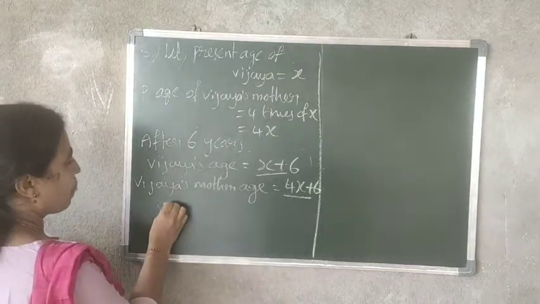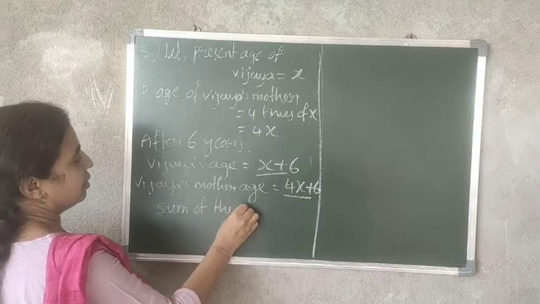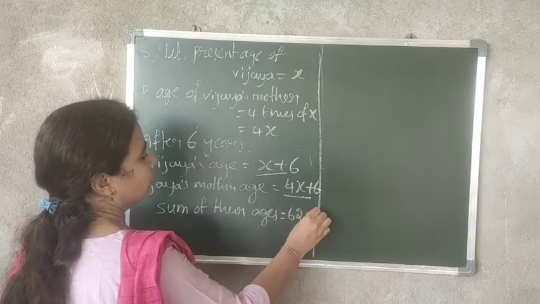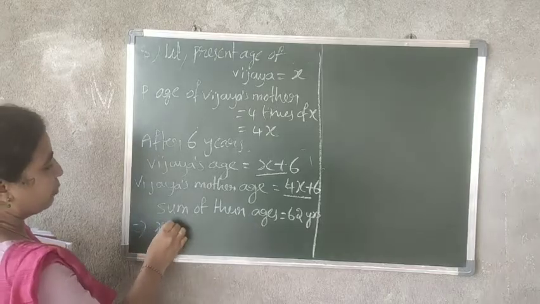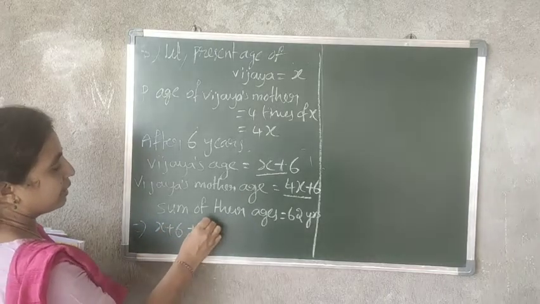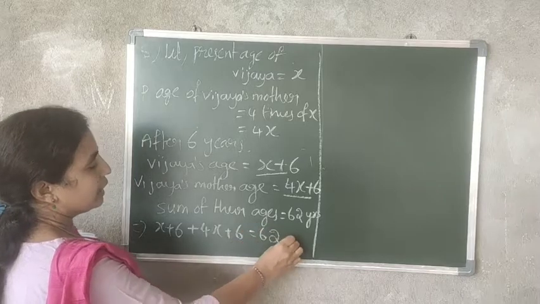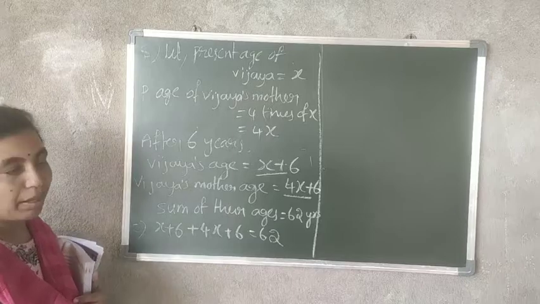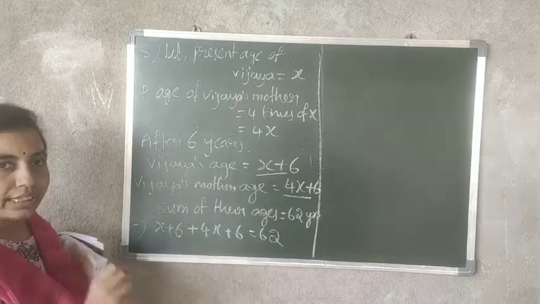Sum of their ages is equal to 62 years. That implies X plus 6 plus 4X plus 6 is equal to 62. Sum means addition.